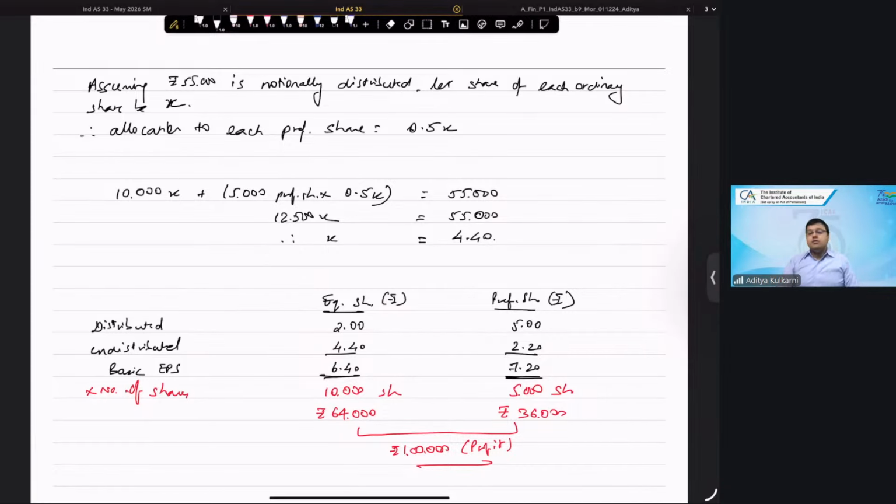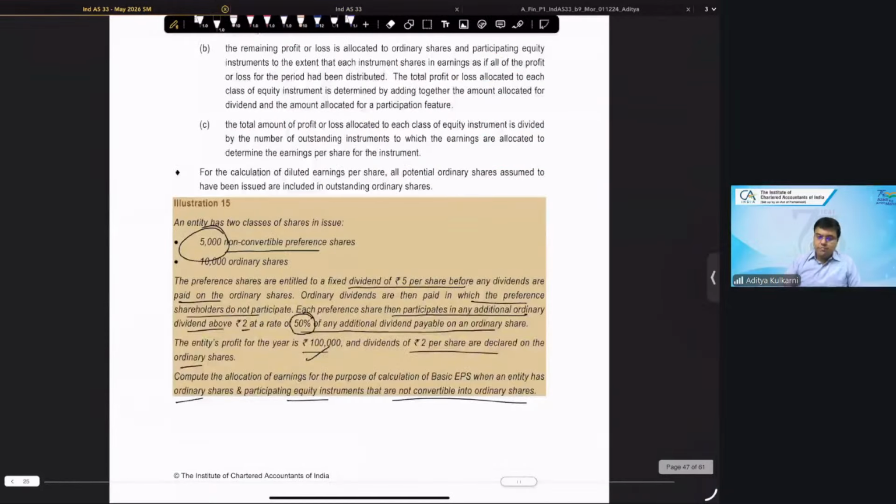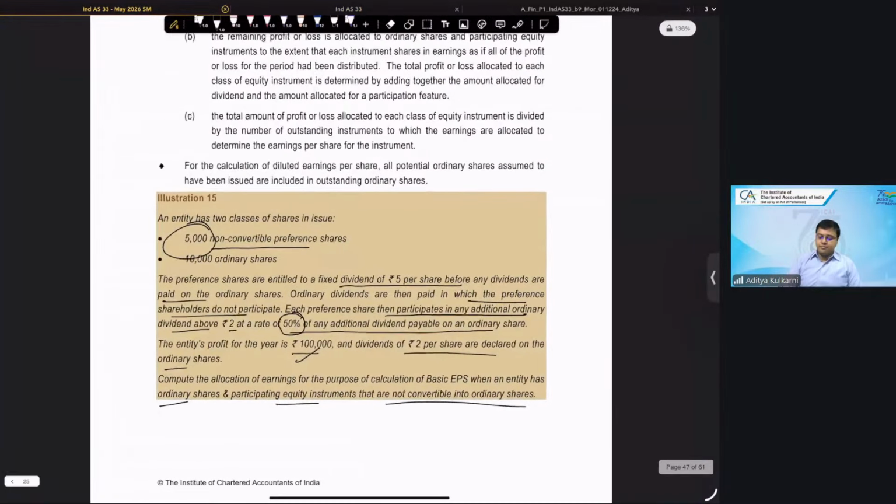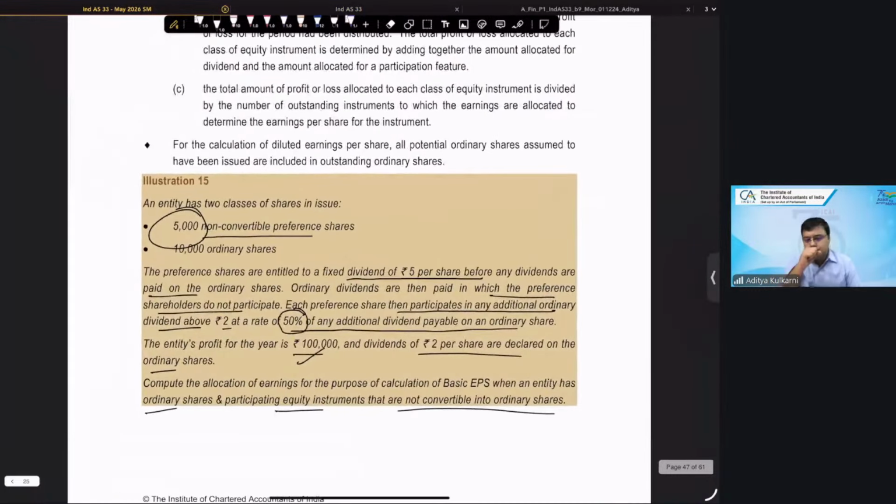Sir, can you please show the question once? Yes, of course. Sir, here it is mentioned dividend above 2, in that 50%.